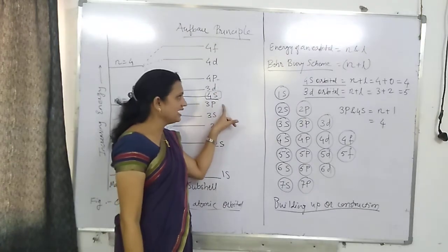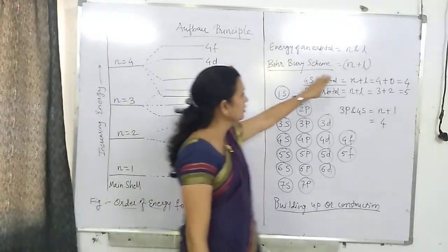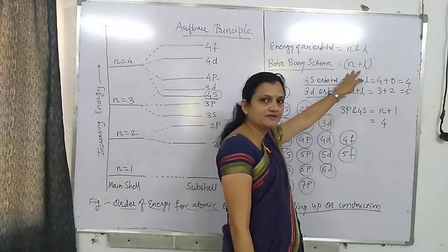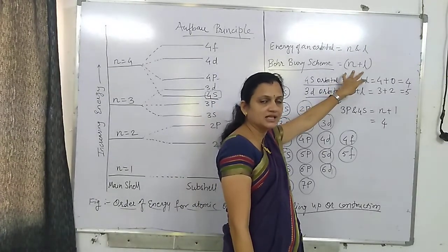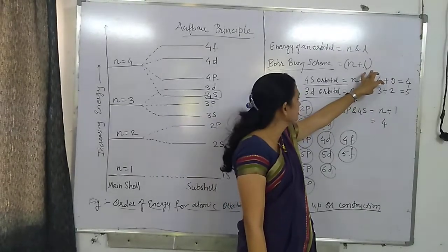So why does it happen? Because of the Bohr-Bury scheme, here we are applying one formula: n plus L. n means principal quantum number, L is the azimuthal quantum number.